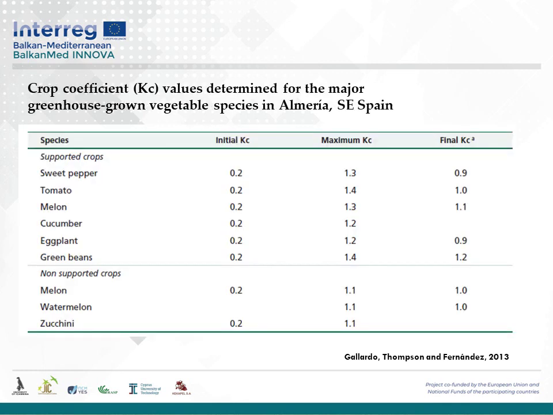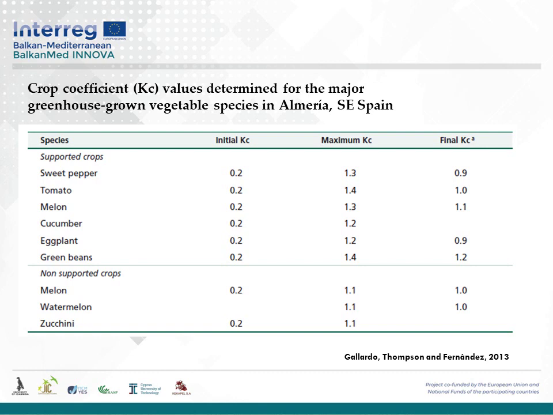As I said, the crop coefficients are experimentally determined for many greenhouse crops, and you have here the examples of Almeria in southeast of Spain. You can see that they have three different values: initial, maximum, and final.